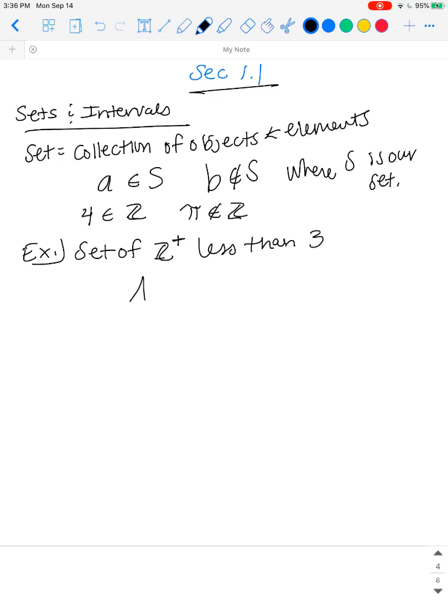So that we have A as our set. So the numbers that are less than 3 but positive are 1 and 2.